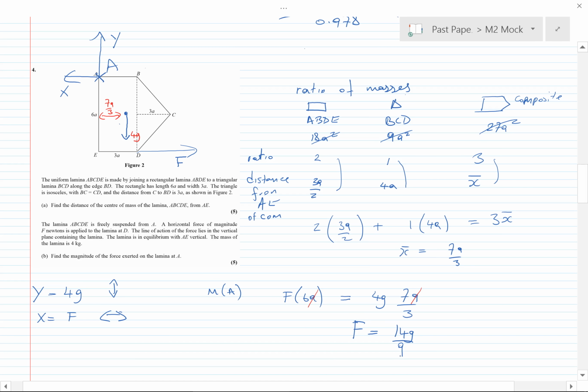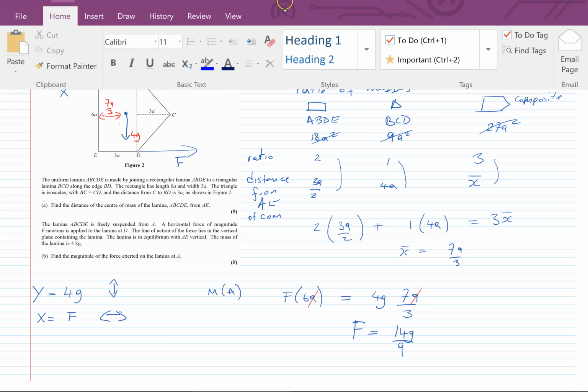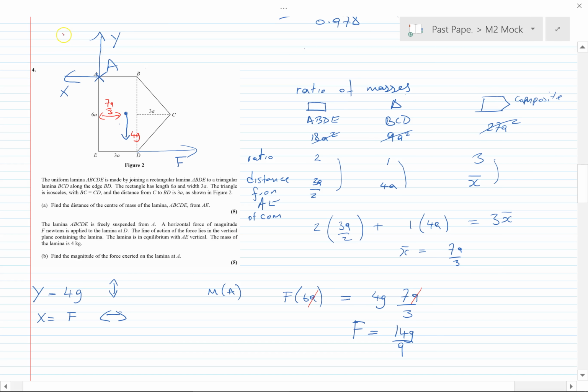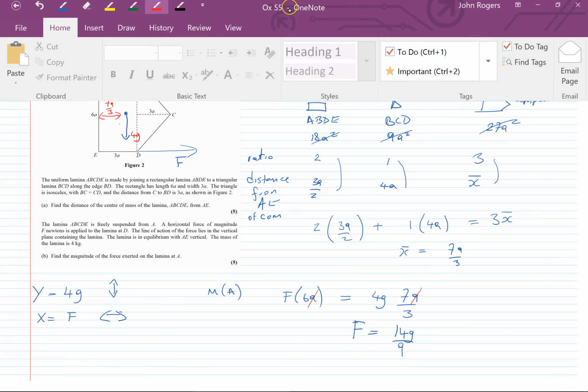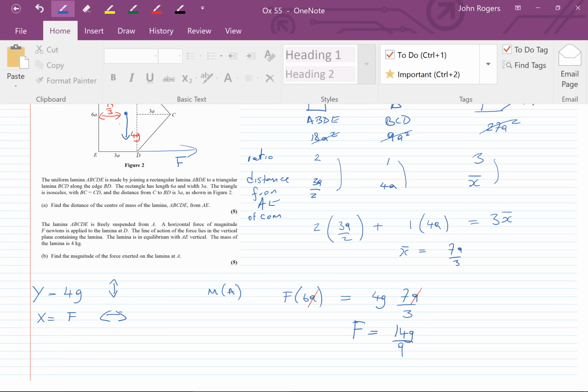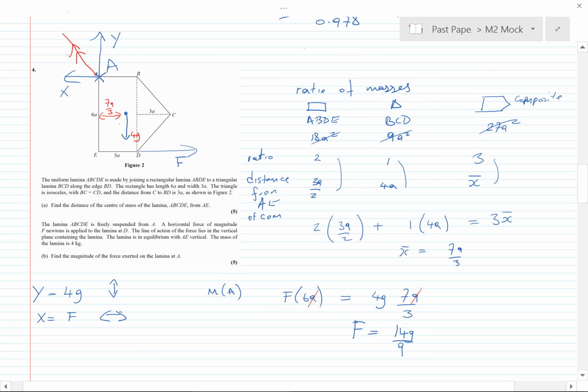Okay, so that's F. Now, going back to this, it wants the magnitude of the overall force exerted on the lamina. Let's call it R. It's going to be coming up here like that. But we now know that X is equal to F, so X is equal to 14g over 9.